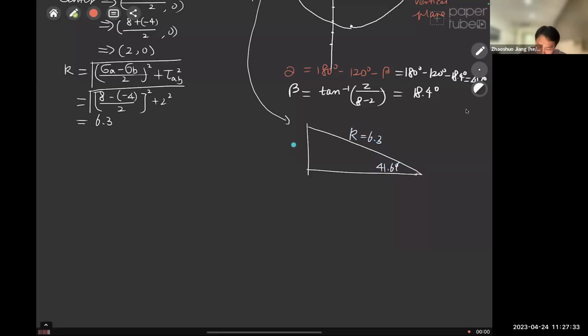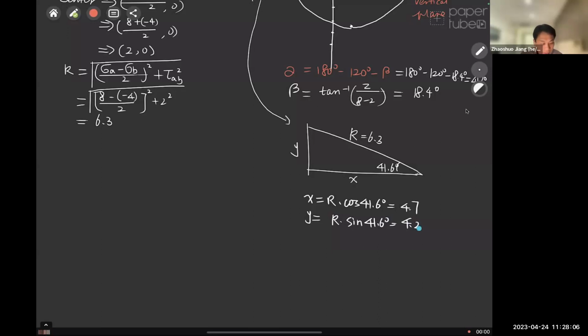Now we were trying to find, what is this Y and X, right? We have done this many times. We can calculate X is equal to R times cosine 41.6 degrees. That is 4.7. The Y is equal to R times sine 41.6 degrees. That is 4.2.